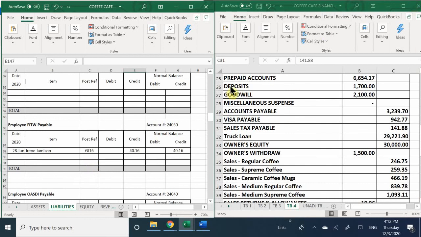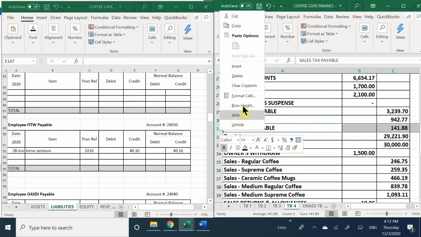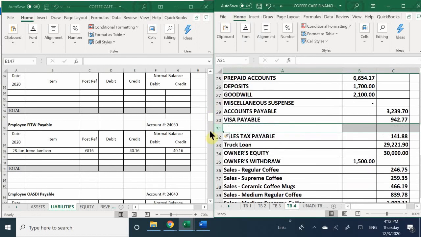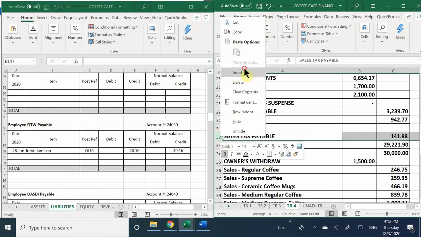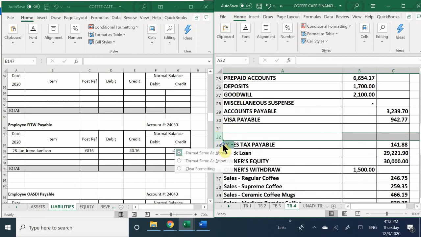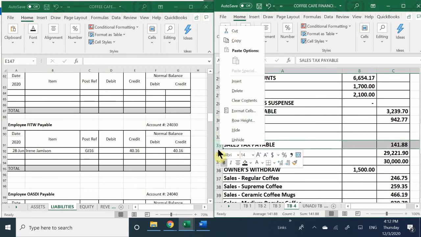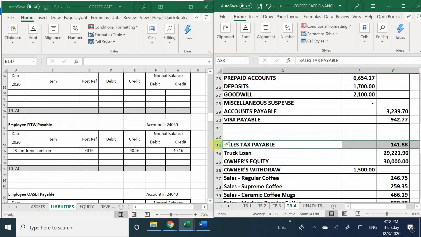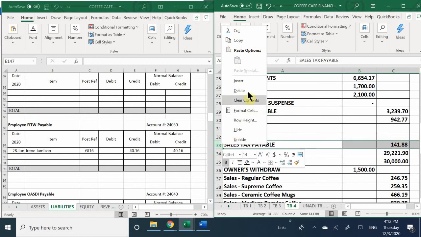Yes. So this is where you're going to select your sales tax payable and start right clicking and inserting cells. Again, for Excel, if you select the one that you want, it's going to insert the one right above it. How many? Let me see.